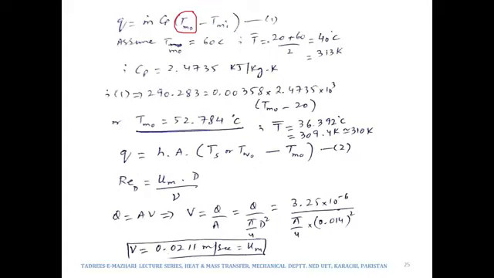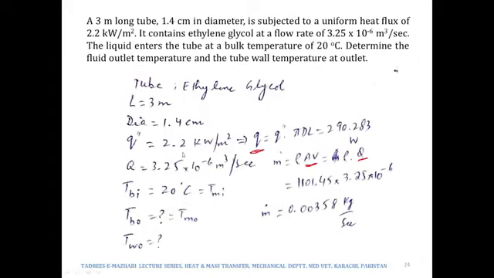Now, taking a look at other parameters, the Tmi is 20 degrees Celsius, and the heat flux is 2.2 kilowatts per square meter. So the temperature of ethylene glycol should increase over a length of 3 meters. So at least we should not assume any value less than 20 degrees Celsius. We may assume 40, 50, 60, 80, right? So I have assumed over here a value of 60 degrees Celsius.